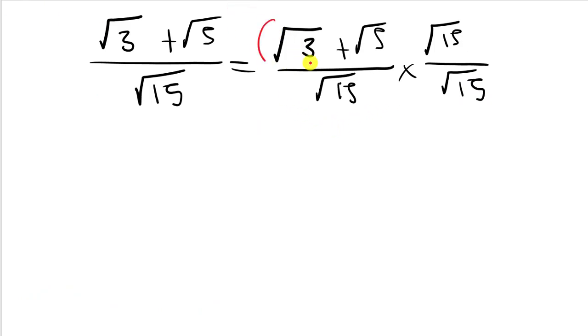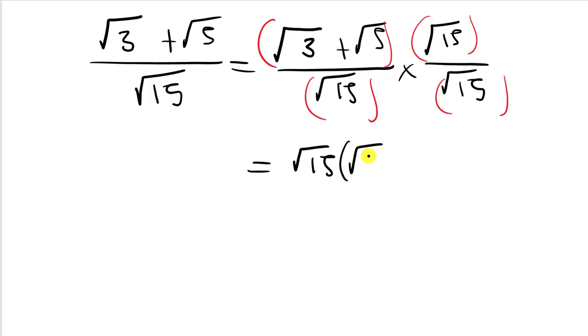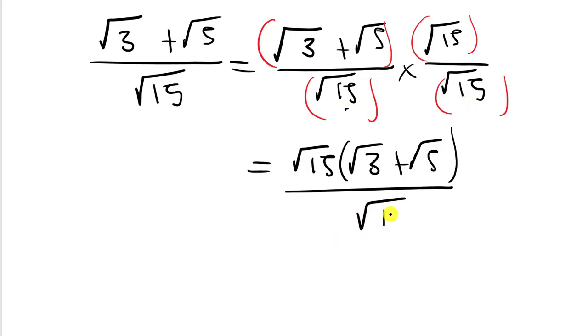Whatever we are having here is going to multiply this, and then this one too will multiply this. So we are going to have square root of 15 multiplying (square root of 3 plus square root of 5) all over root 15 times root 15. So we are going to get root 15 all squared.